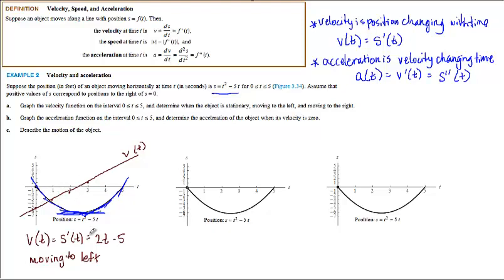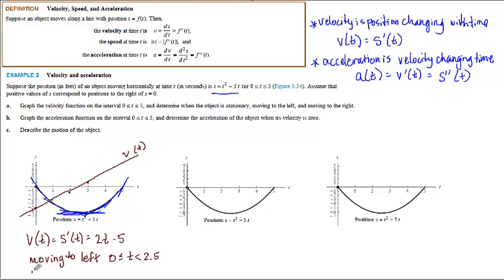We'll get that in just a minute. From 0 to 2.5 seconds. And then it's moving to the right because the position here is negative and becoming more negative, and the position is going towards the positive direction here. So I would say that it is moving to the right there.